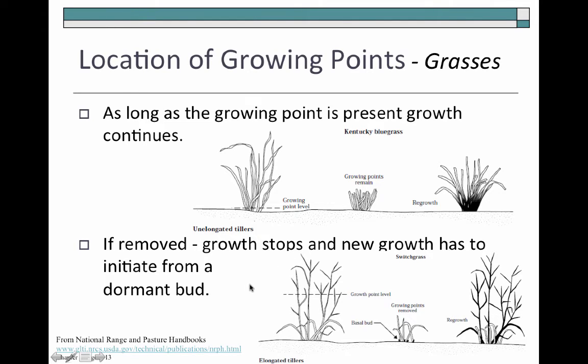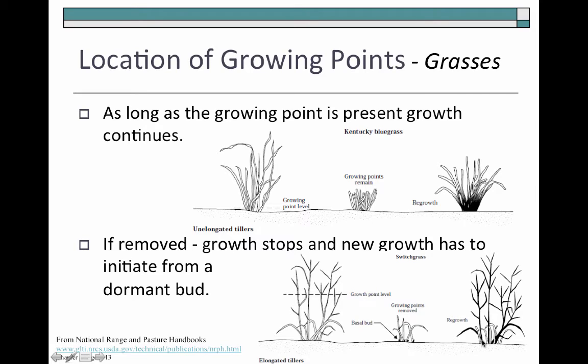However, if you have species of grasses that have elevated tillers or elevated growing points, like this right here, and you come through and you cut it with a mower, or you graze it very, very short, then because you took away those growing points, the plant loses its ability to extend more new tissue from those growing points.